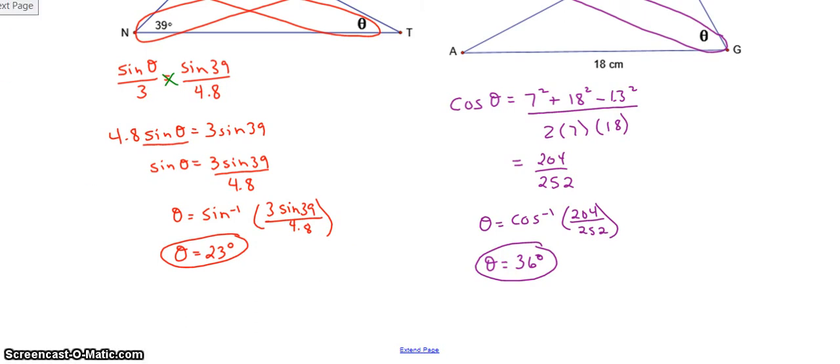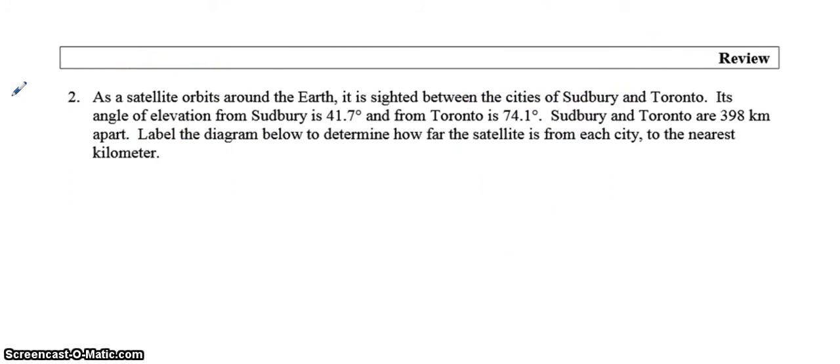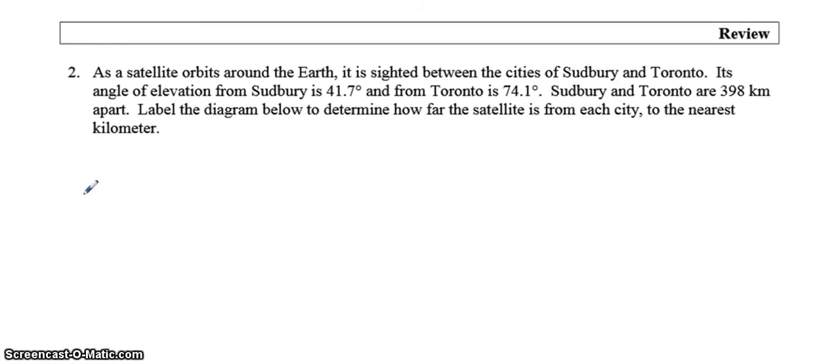So now we're going to do sine law and cosine law solving for sides, but we're going to do it in a word problem format. So, as a satellite orbits around Earth, so up here in the sky is the satellite, it is sighted between the cities of Sudbury and Toronto. Well, since we have two S's, let's make the satellite X instead. So here's our triangle.